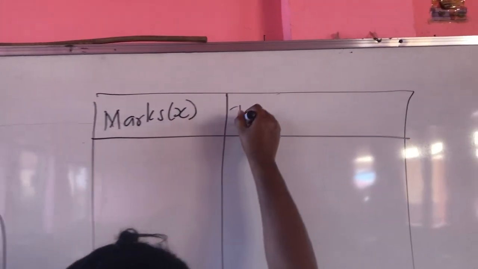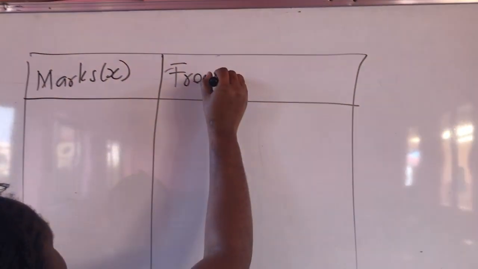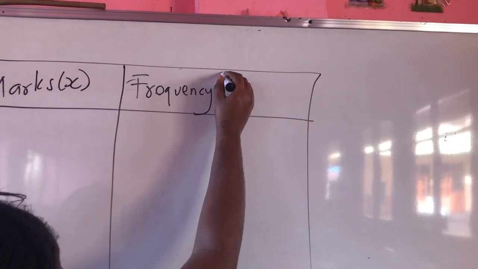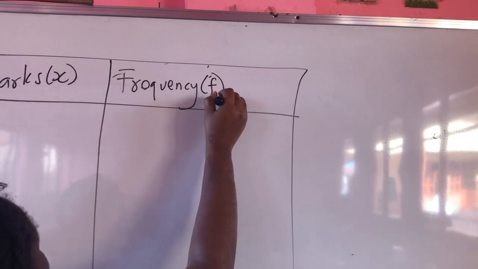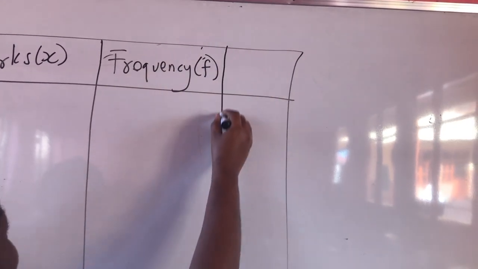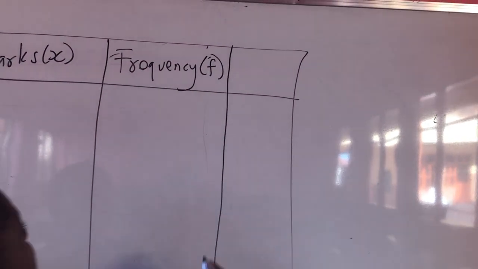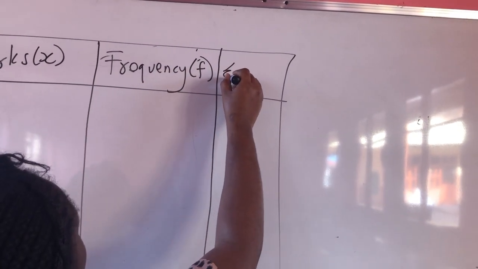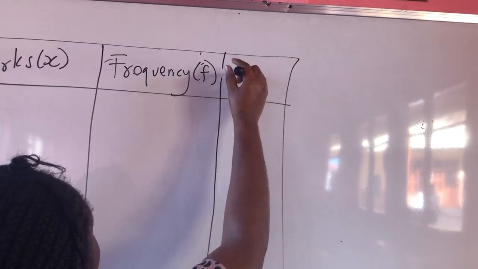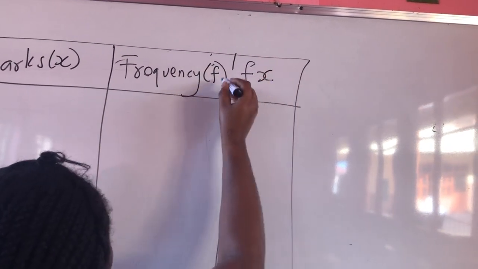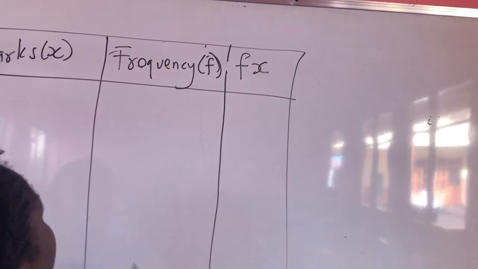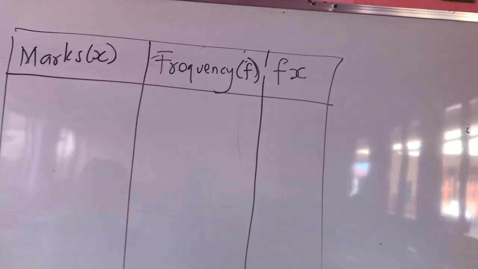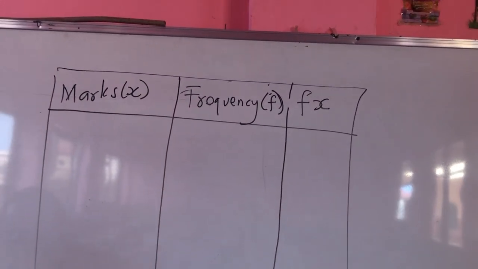So you just have to bring your marks, then you bring your frequency, and you have to tell the teacher that the frequency is the F. Because when you write Fx, the teacher will be wondering where you got your Fx from. Then you have your table here. So this column here is the Fx, because they've asked us to find the mean using our table.